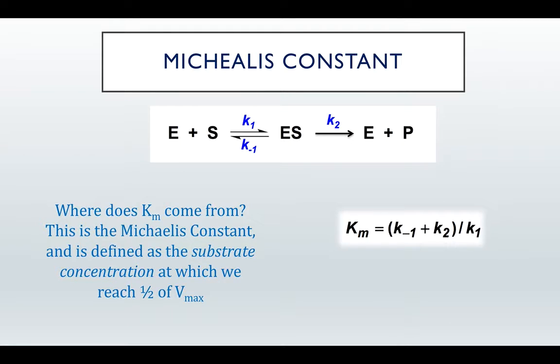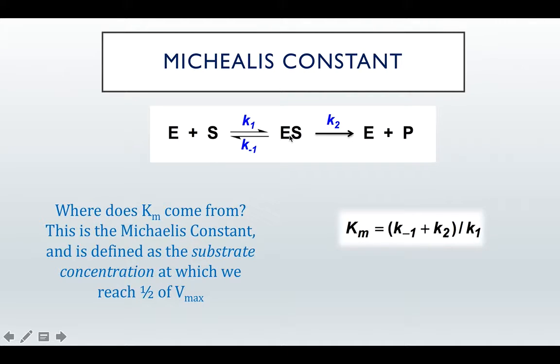All right, now we're going to look at Km real quick, and this is our Michaelis constant. So where does Km come from, and what is it? It comes from all of our reaction rates up there at the top. So we're saying that Km equals the backwards reaction to substrate plus the forward reaction to product divided by the creation of enzyme substrate complex.